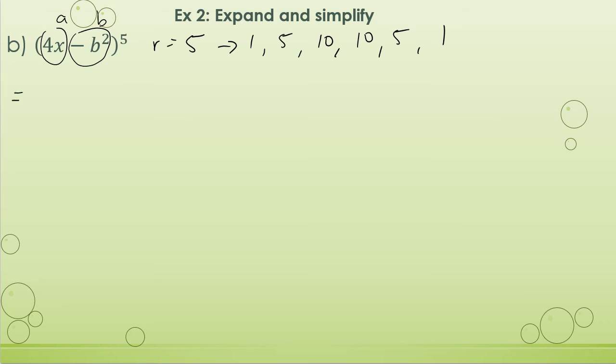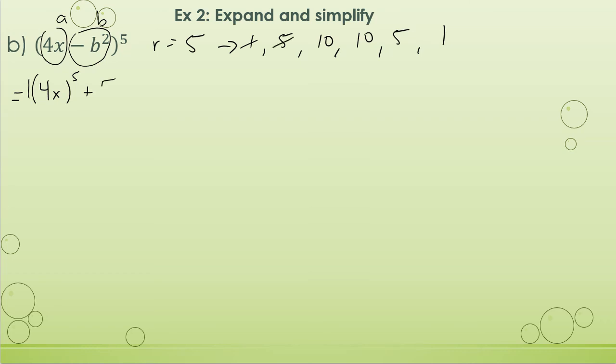Okay, so take a deep breath, crack our knuckles. Here we go. 4x to the 5, plus my next coefficient, which if you realize I didn't write the 1, I guess I will, but it's not going to affect anything.